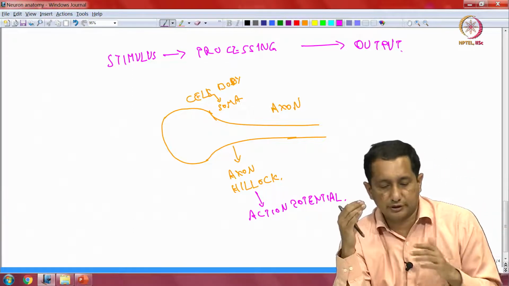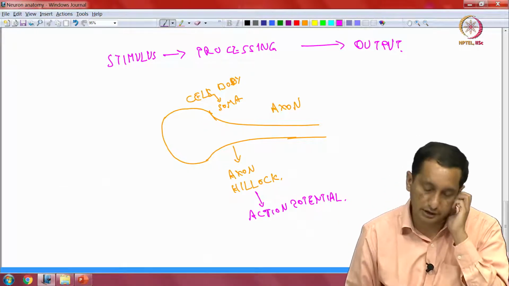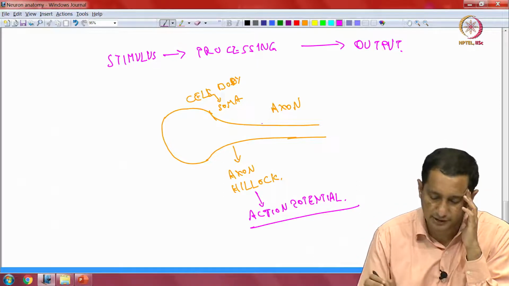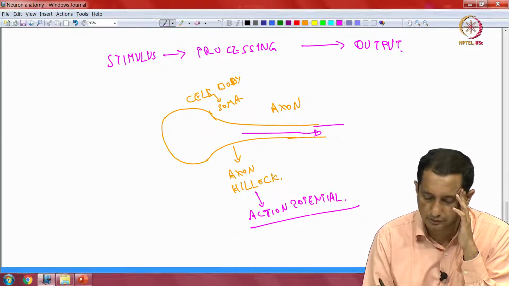So, you need to have stimulus. We know that the unit of neuronal computation is the action potential. So, action potential is generated at the axon hillock, and it goes through the axon.